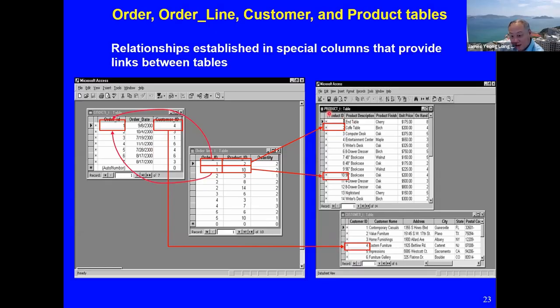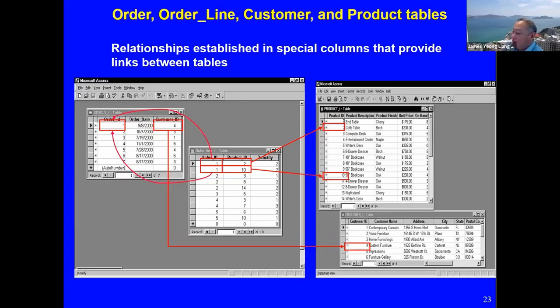And also the product table, you see the product ID column is repeated inside the order line table. That means that these 2 tables also have a one-to-many relationship. And also in this case, the order table has an order ID, which is repeated also over here. So therefore, there's also a one-to-many relationship between them, okay?